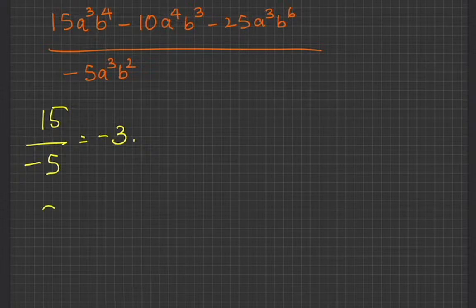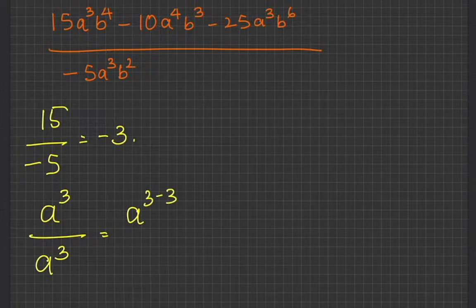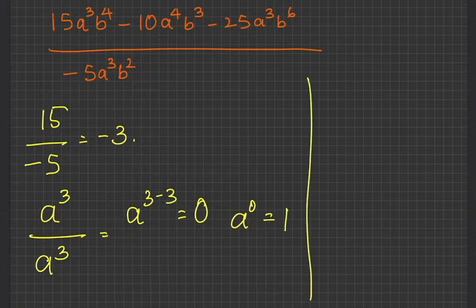And then I have the next variable, so a to the power 3 by a to the power 3. Both are equal, so a to the power 3 minus 3 is equal to a to the power 0, which is nothing but 1. So I have negative 3 times 1.